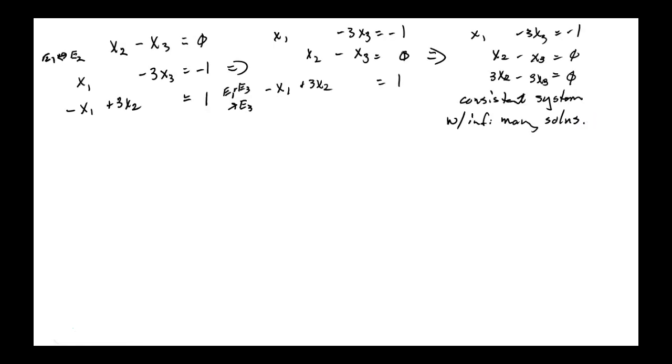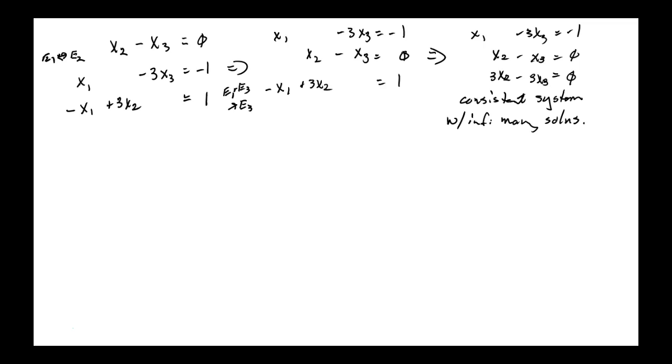And what you can do there is parameterize, because the operation I just suggested would eliminate this and give a row of all zeros at the bottom, which is what you want in row echelon form. Then let x3 be t, so x2 is also t, and x1 would then be minus 1 plus 3t, right? Then pick a t and come up with an infinite number of solutions.